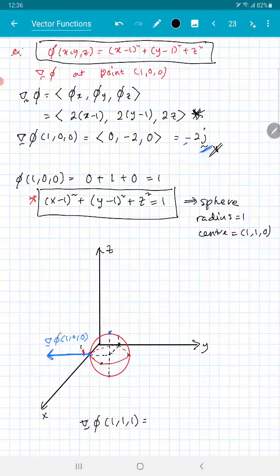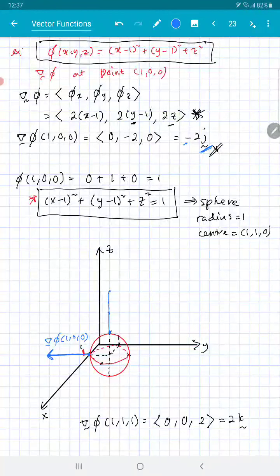The x component gives us 0, the y component also gives you 0, and the z component, replacing z with 1, we get 2. So this is equal to 2k, and yes, it is the normal vector to the level surface. At (1, 1, 1) we get 2k, so it's pointing upwards. This is the normal vector to the level surface at (1, 1, 1).